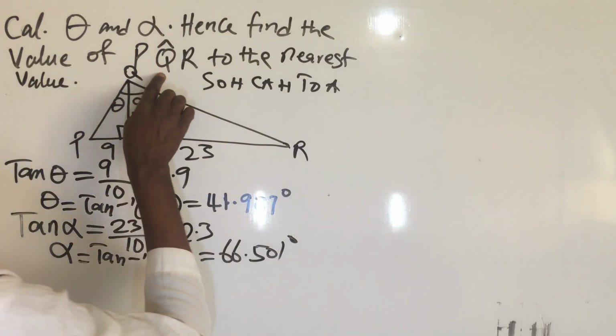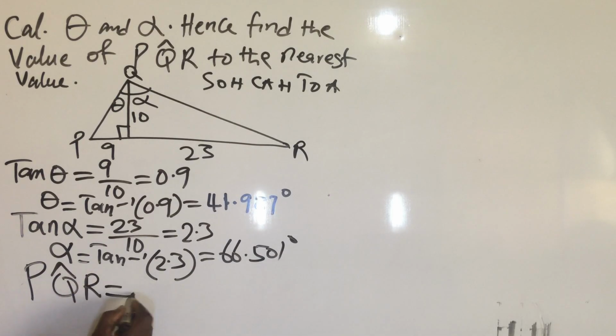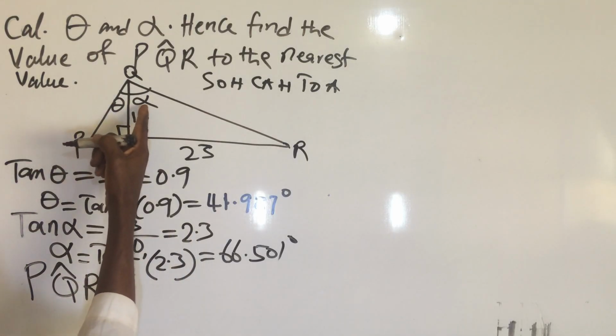Now, finding the angle Q here will now be the addition of angle theta and angle alpha.